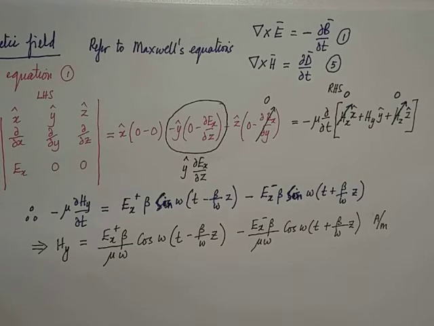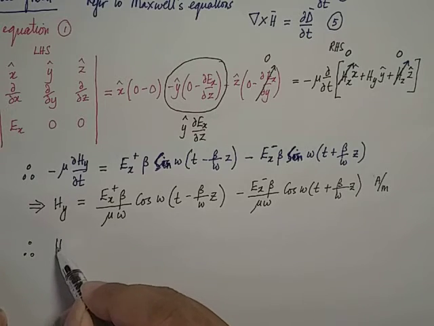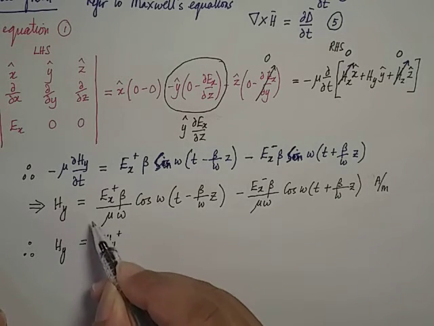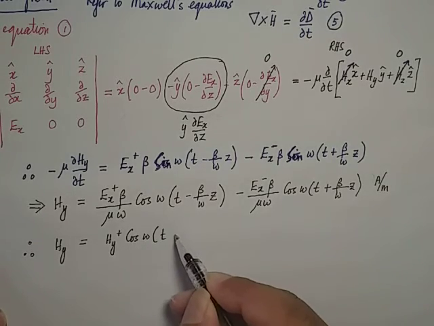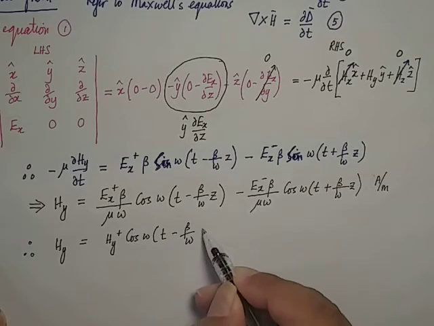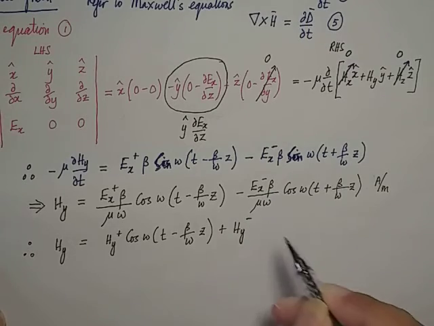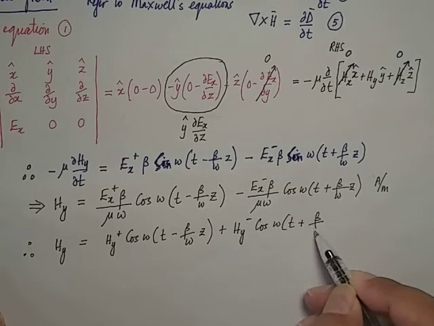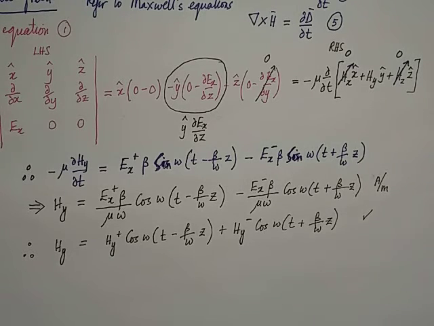To simplify further, we can state that Hy can be written as Hy positive, represented by this term cos omega t minus beta over omega z, plus Hy negative, cos omega t plus beta over omega z. So that should be the solution, in ampere per meter. This should be the corresponding magnetic field.